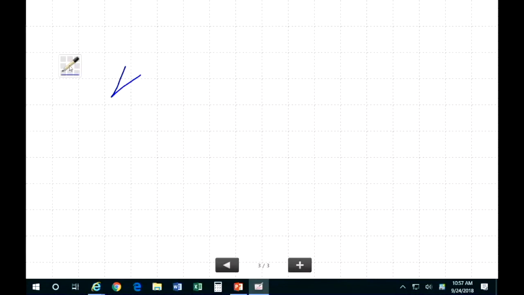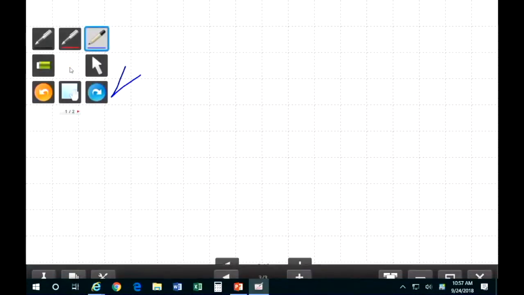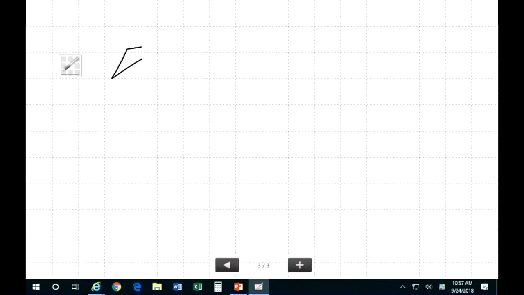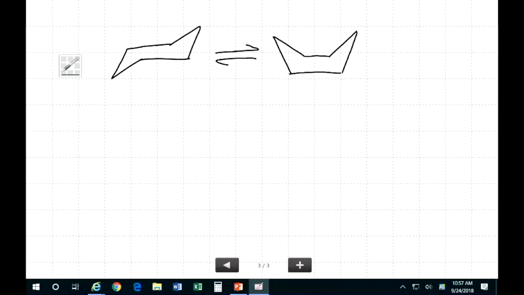Let's go back to black here. First, erase this. Right, we've got the chair conformation, and the chair conformation can become the boat.